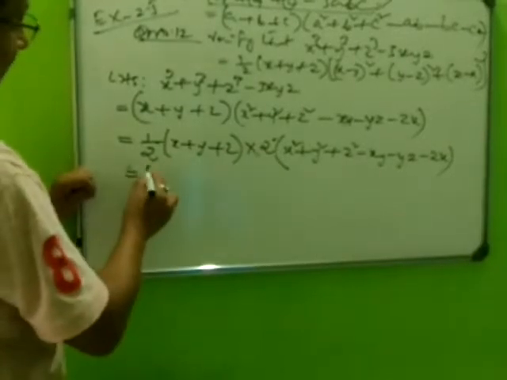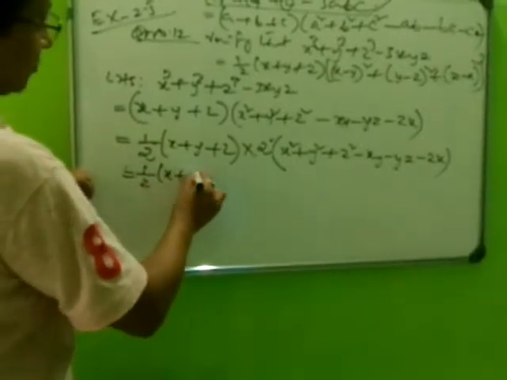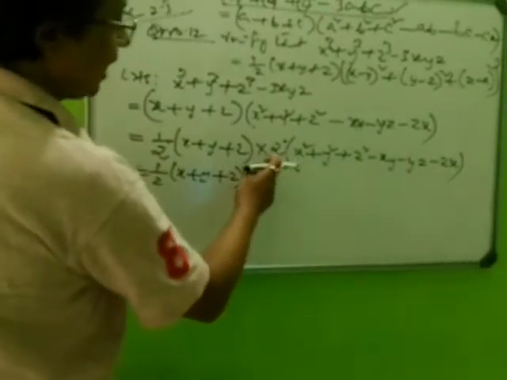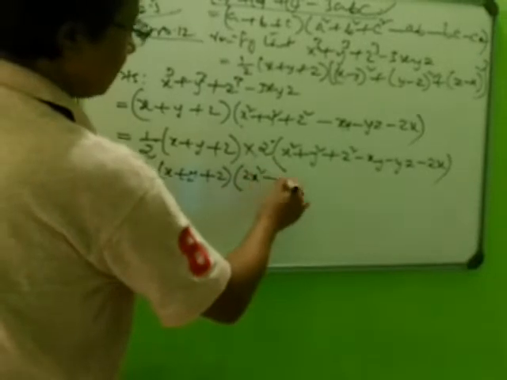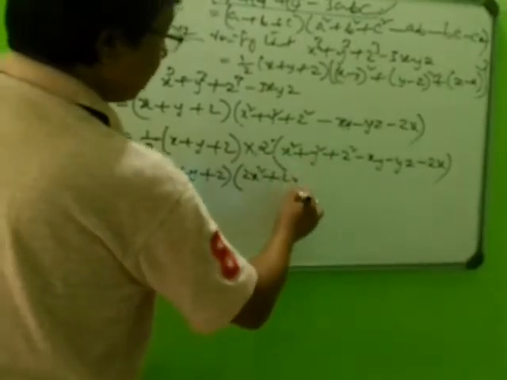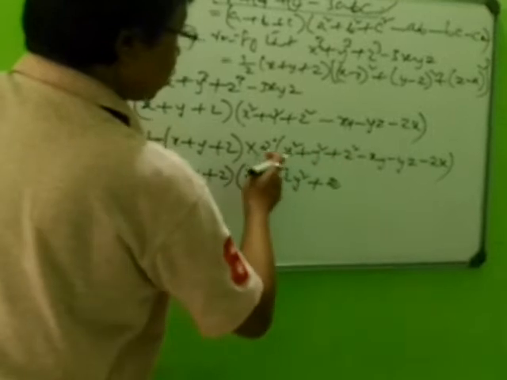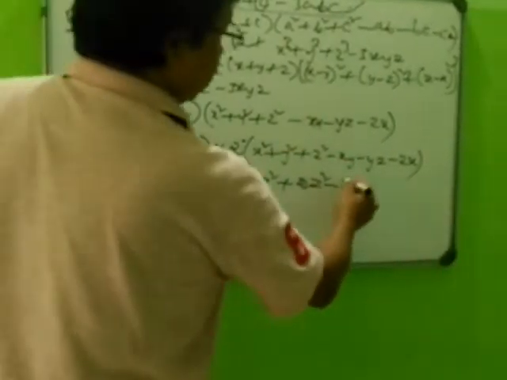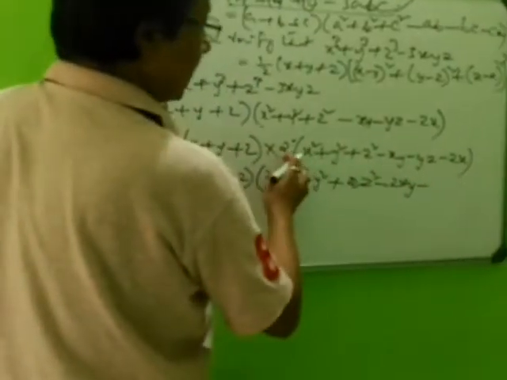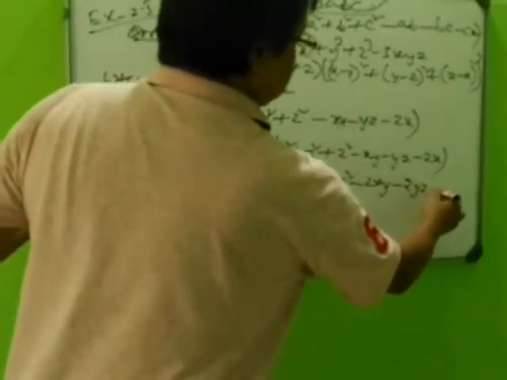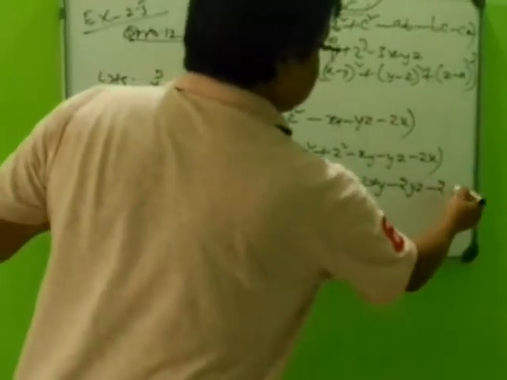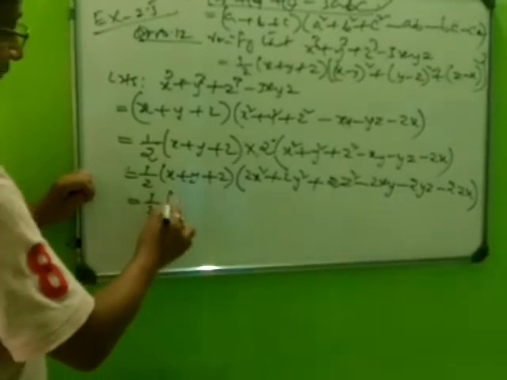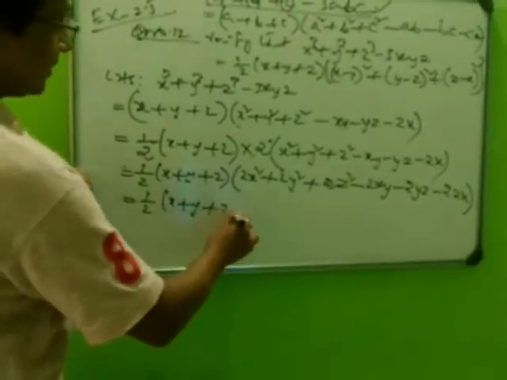By seeing this half, I took half, but at the same time multiplied by 2. So now it will be half x plus y plus z into, multiplying all the terms by 2: twice x square plus twice y square plus twice z square minus twice xy minus twice yz minus twice zx.